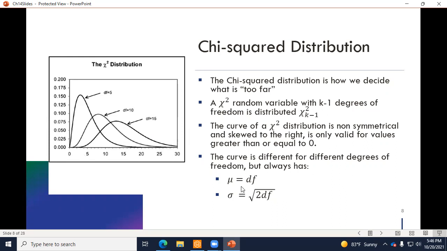Some facts about this distribution: the mean is always the degree of freedom, and the standard deviation is the square root of 2 times your degree of freedom. This is what it looks like.